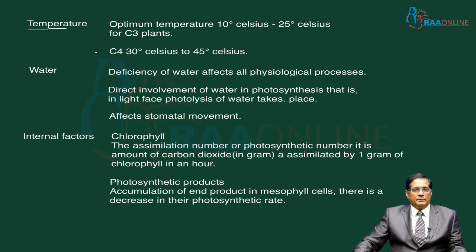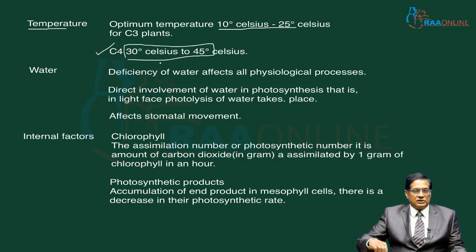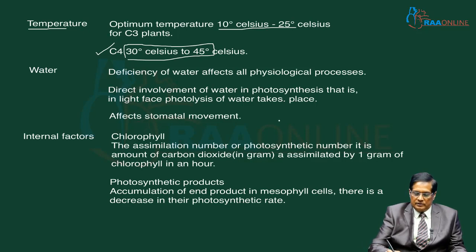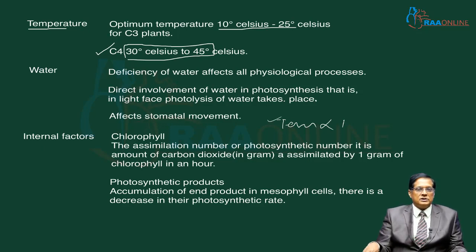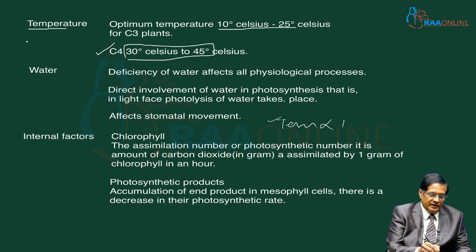This is the optimum temperature for C3 and C4 plants. For C3 plants 10 to 25, for C4 35 to 40, or 30 to 45. With respect to temperature, the rate of photosynthesis is directly proportional to temperature, but again, only within the limiting range.